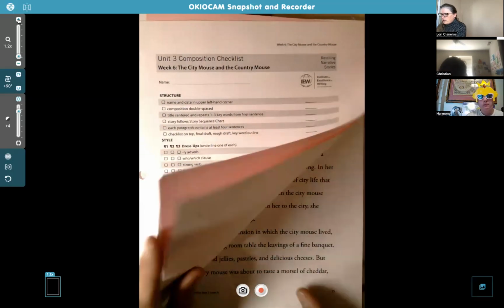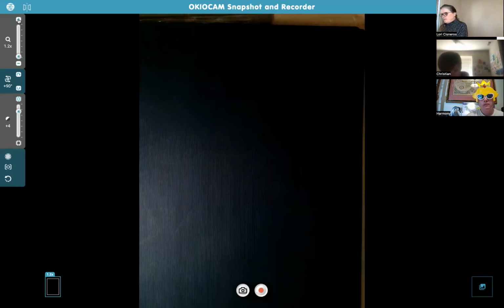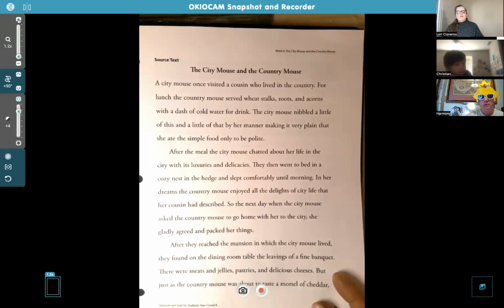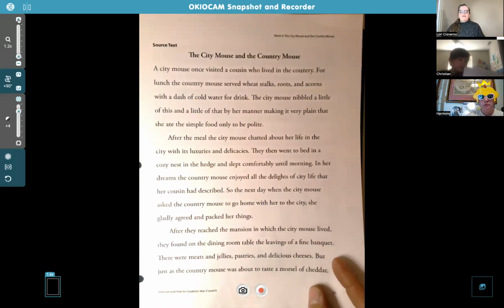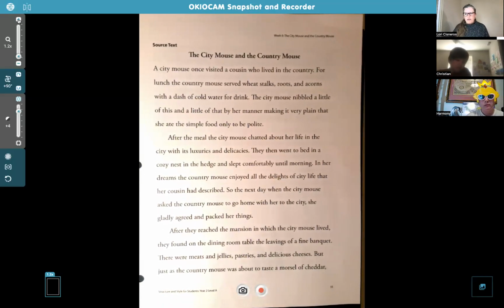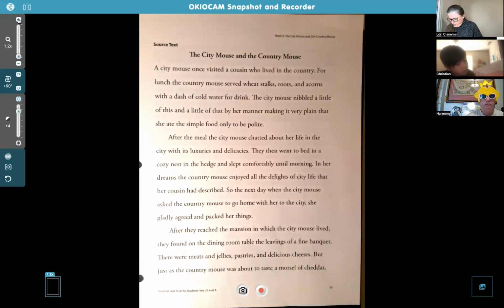Okay, let's go to the story next. The city mouse and the country mouse. By the way, there's a lot of different variations of this story, but the basic plot of the story is the same. But there's lots of different versions of this story. All right. And so what we're going to do is read it, and then we're going to set up a story sequence chart like we did for the Emperor in the Soup.